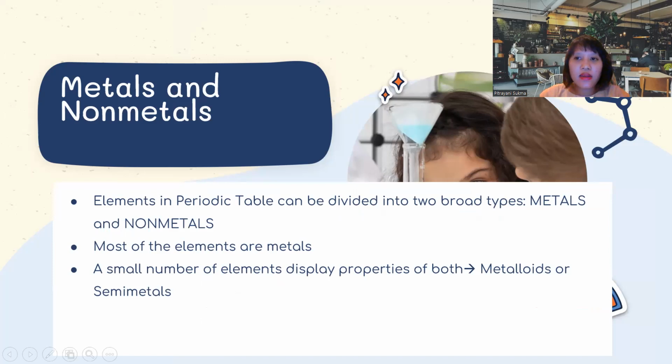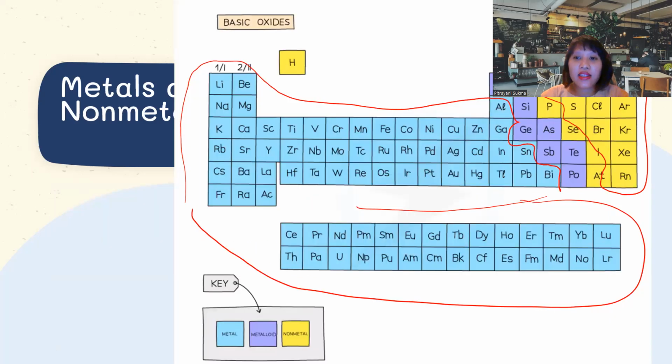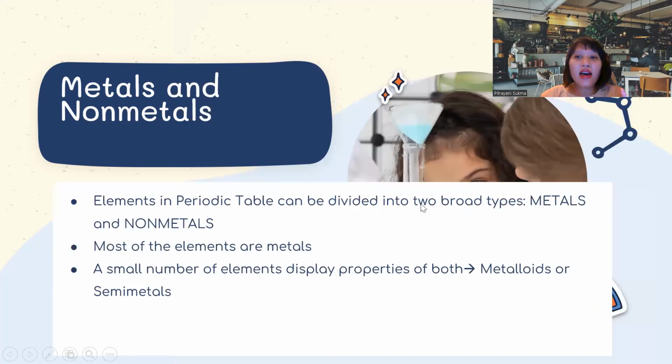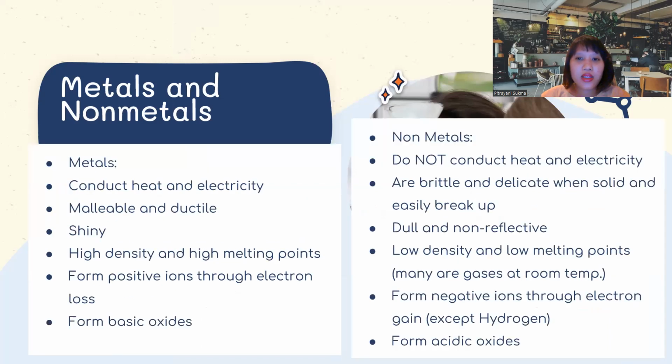As we can see, the majority of the elements in the periodic table are metal. This is the left side, it is mostly metal. The small part in the middle is metalloid or semi-metal, because they have some properties of metal and some of non-metal. And then the rest are non-metals.